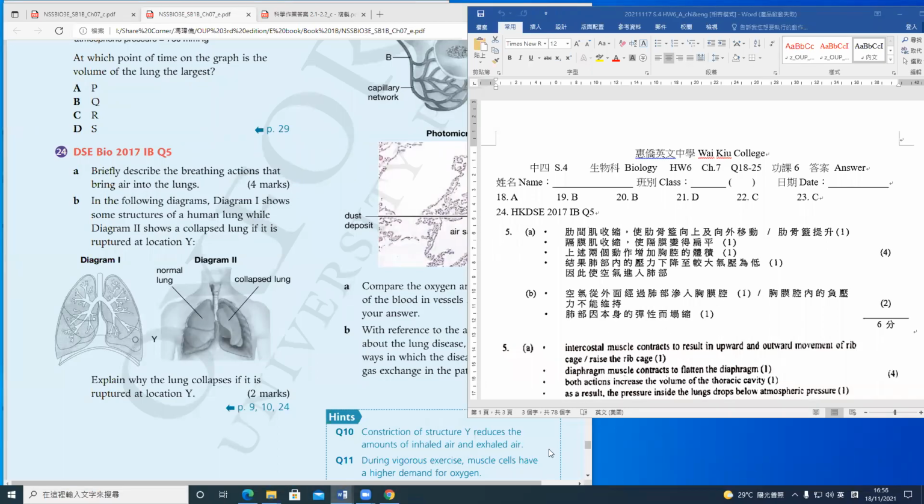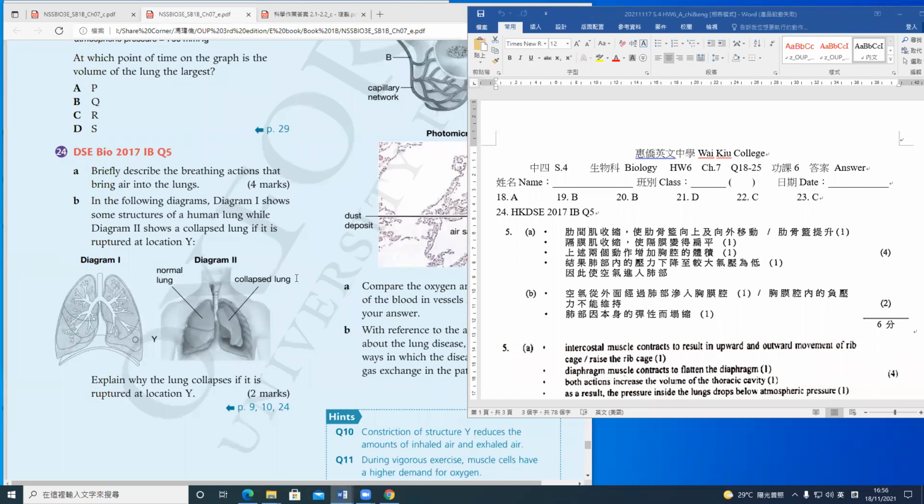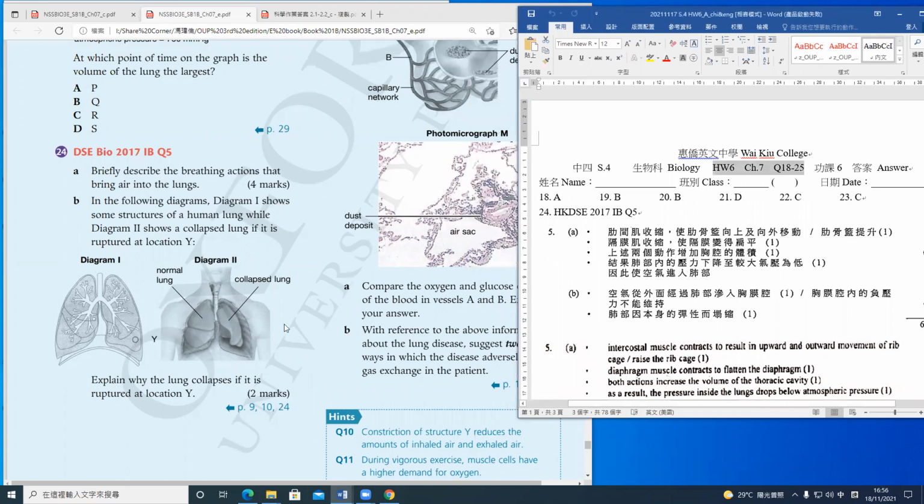Okay, for Form 4 biology students, I have set some quite difficult long questions in the homework for you. I have to explain it because it's level 3. For question 24B, you have to understand the structure of our lung first.